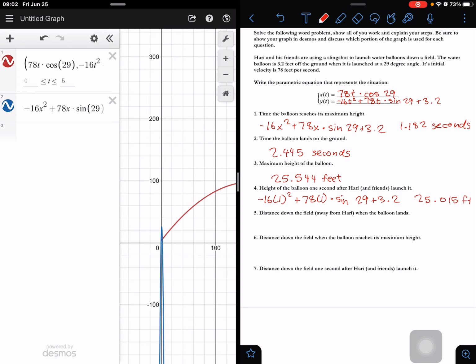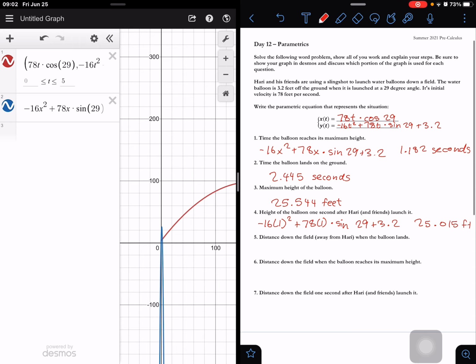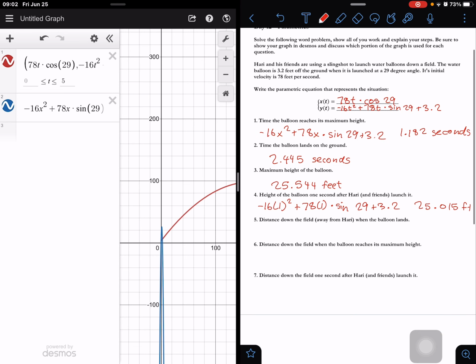In order to find this, the balloon lands when the y value is equal to 0, and we've already found that the balloon lands on the ground at 2.445 seconds.